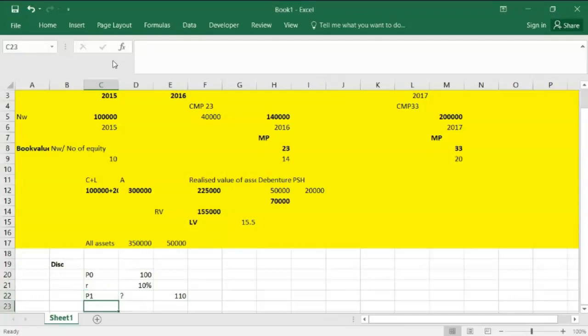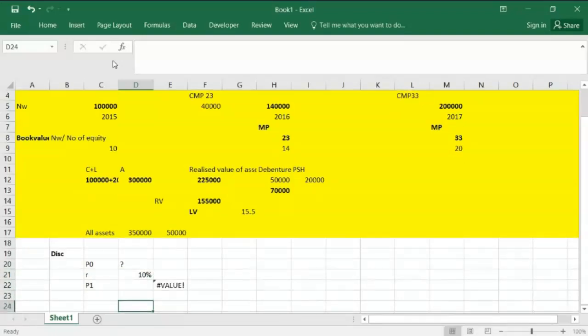Similarly, instead of taking P0, suppose the P1 value is given as 110 rupees. If P0 is requested in the problem, how do you calculate it? P0 is equal to P1 divided by 1 plus r to the power n. Here P1 is given as 110 rupees, from the previous problem.